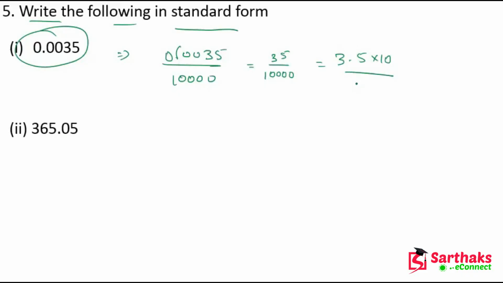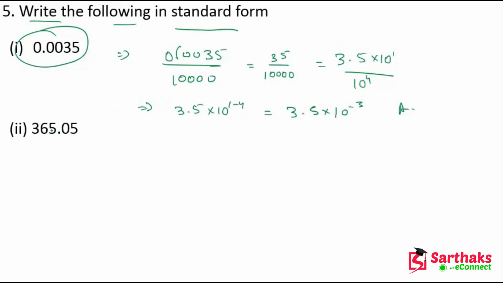And in the denominator we have 10 raised to power 4. So this will become 3.5 into 10 raised to power, the base is the same and the power is different, so we can subtract, 1 minus 4. So this is equal to 3.5 into 10 raised to power minus 3. This is another simple method to write in the standard form.